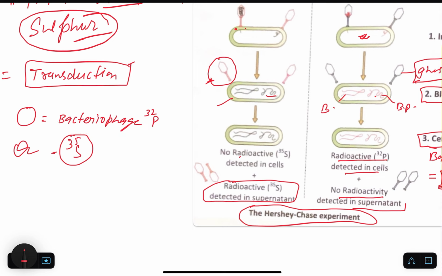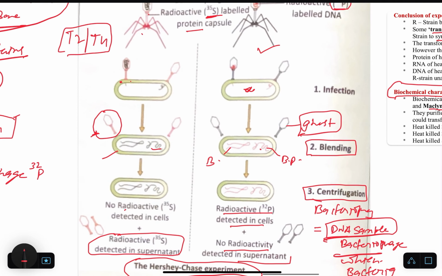Centrifugation technique is used to separate the biomolecules on the basis of their sedimentation coefficient. So in this way, the protein coats are separated from DNA, and DNA is separated from the other cell particles. The DNA is mixed up, and the bacteriophage produces its body.